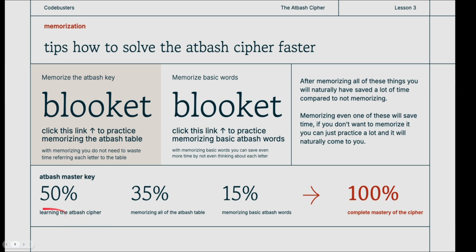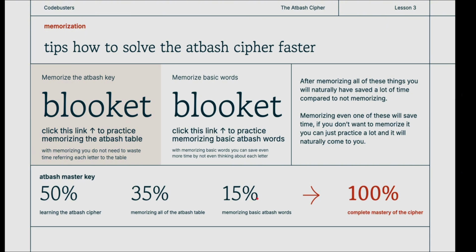So 50% of mastering the Atbash cipher is learning it, actually learning. 35% is memorizing it, which you can see, and then 15% is memorizing basic Atbash words. You can see that 50% is greater than 35%, and both of these are greater than 15%.